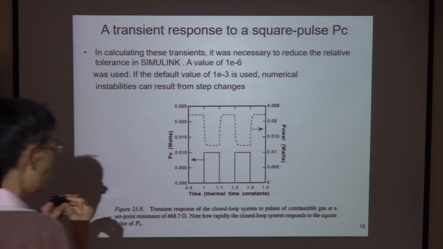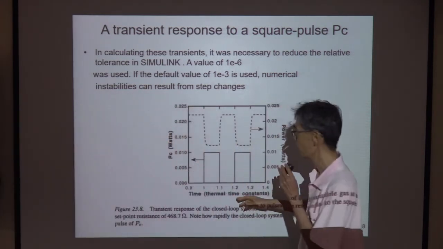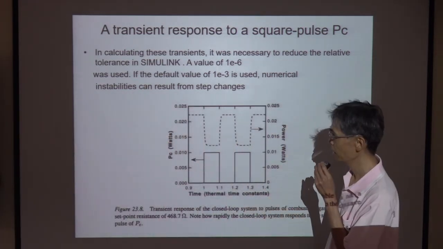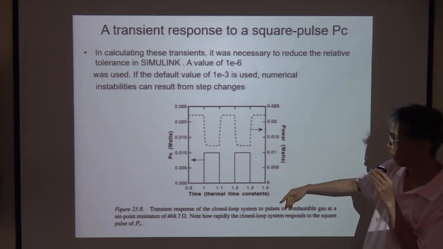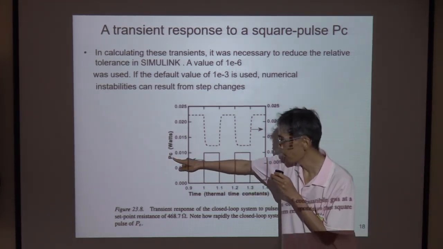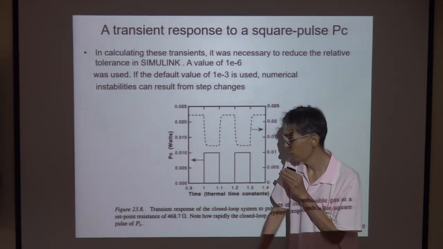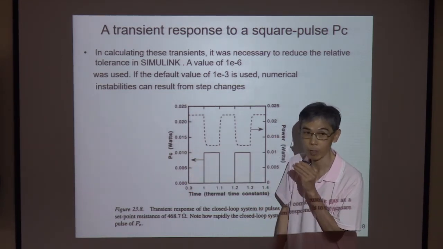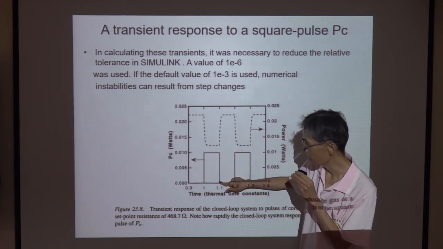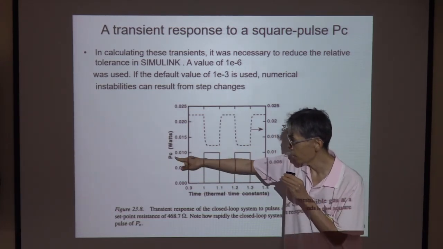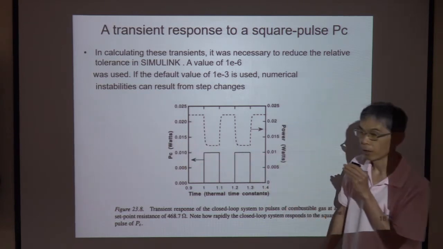Okay, now we want to know the transient response of our system. So in this figure, we input our PC. Remember, PC is a chemical reaction power. So this is the input. Input is the square wave of the PC watts.